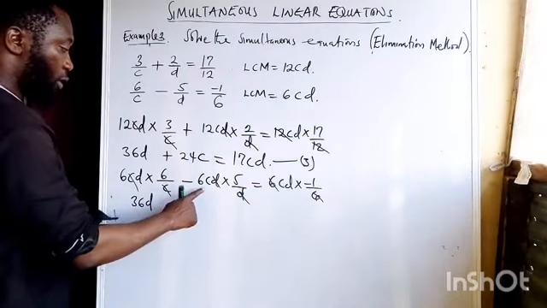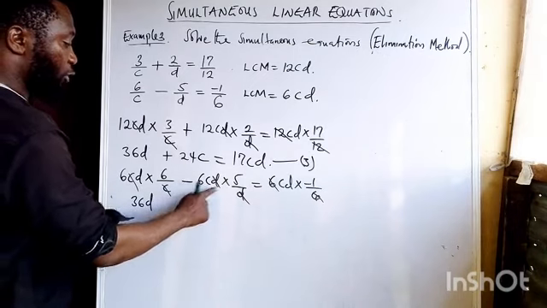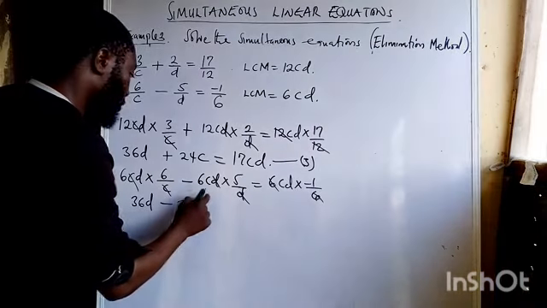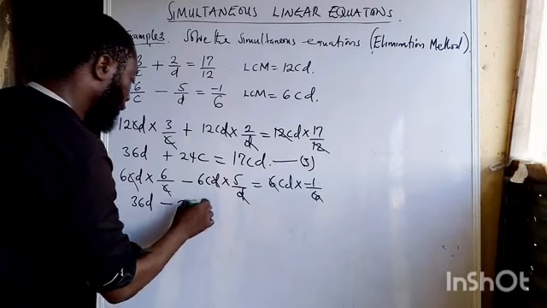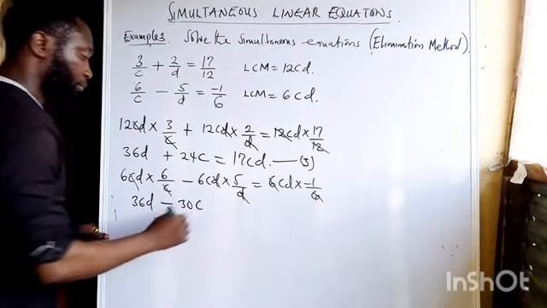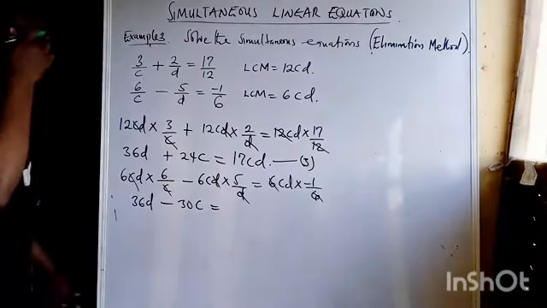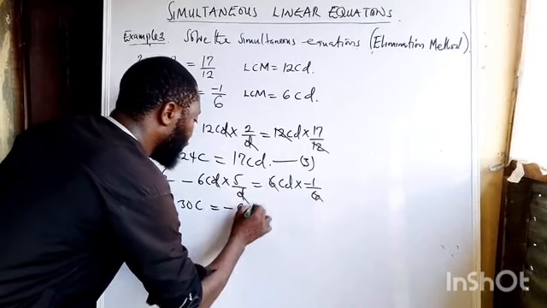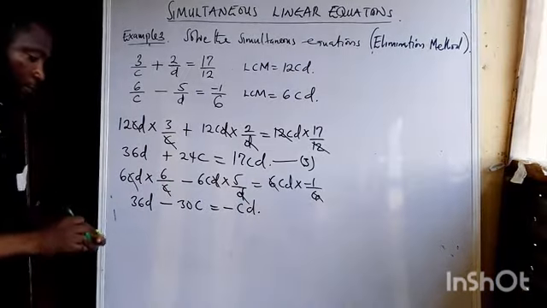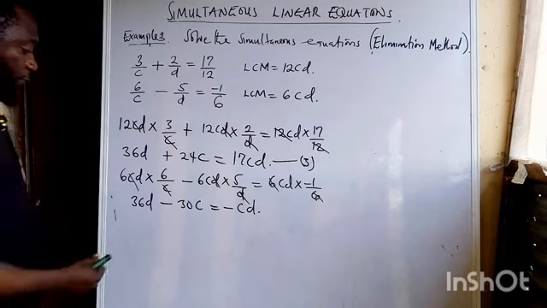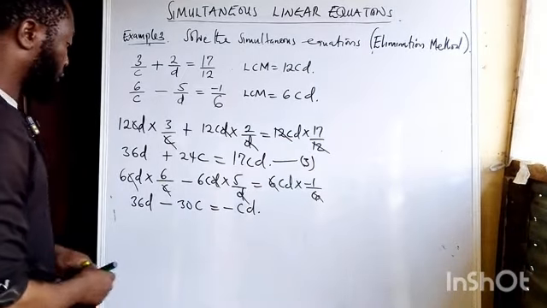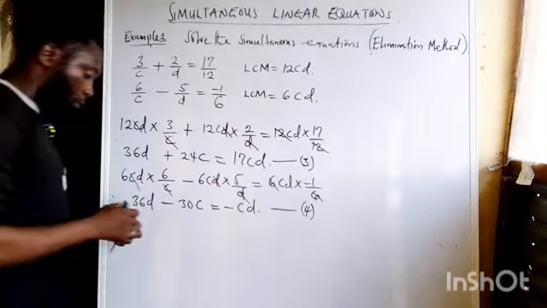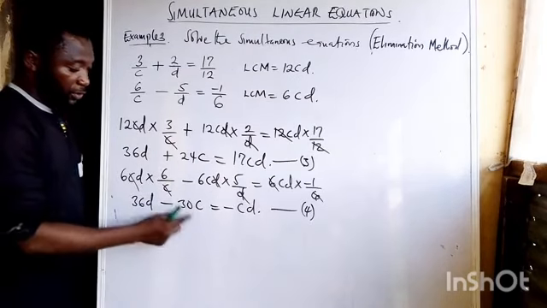We do the same here: 6 multiplied by 6 multiplied by this, that's minus 30C equals the next one, negative CD. Now, we have these two equations. This is our equation 4.